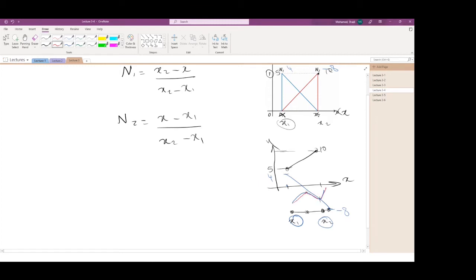So this is 1, this is 2, and this is 3. So this line is recovering the polynomial here with a much better approximation compared to the original approximation. So these elements still can be very efficient for recovering complex patterns of displacement, but you really need to be careful on how you create your mesh.